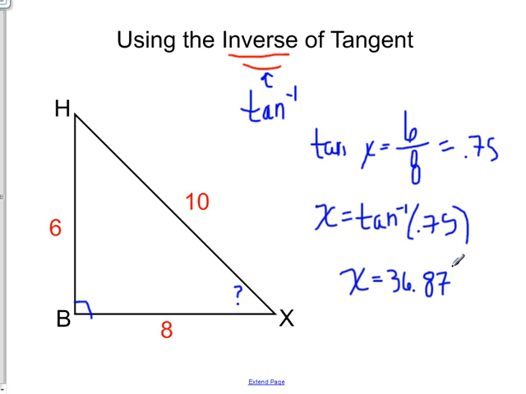So the measurement of angle x is 36.87 degrees. Please let me know if you have any questions about how to use that inverse of tangent button and how to solve for an unknown angle measurement, knowing the tangent ratio.